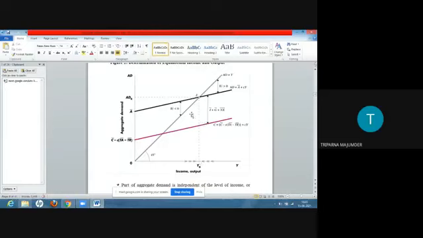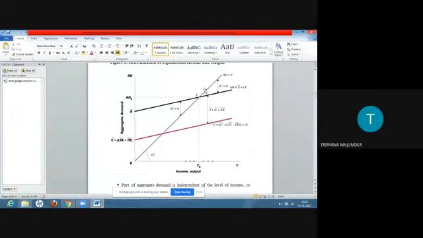So at this equilibrium level of income, our income is comprised of consumption plus investment, since we have assumed away these two. But this is also equal to consumption plus savings.